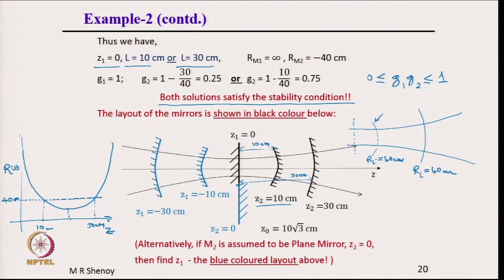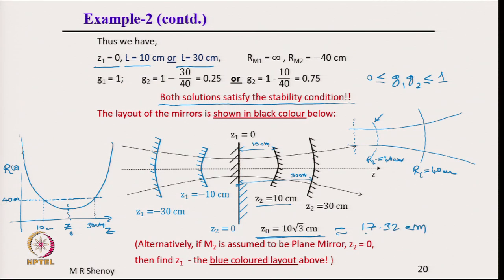Indeed, you can show from the expression that the minimum of the radius of curvature occurs at z equal to z naught. So, if z naught lies between these two values, somewhere in between, not exactly midway, then it is possible. And note that in the given problem, z naught is equal to 10 root 3, root 3 is 1.732, therefore this is approximately equal to 17.32 centimeters.